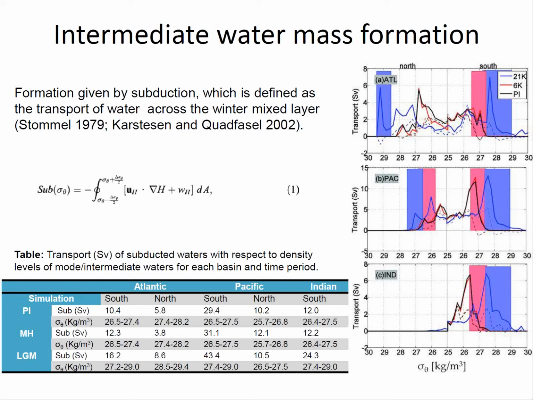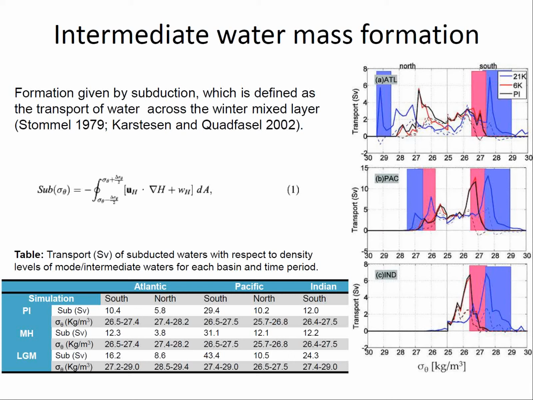We use the subduction estimates according to the kinematic approach, in which you have the lateral induction here, and here is the vertical transport over the main thermocline, the winter thermocline.